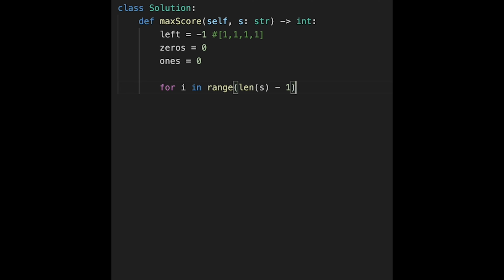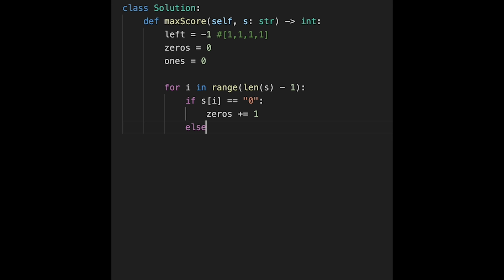Because the last position is definitely on the right side. And then if the current character equals 0, in that case, add plus 1 to zeros, plus equal 1. If not, add plus 1 to ones, plus equal 1. And then left should be the max of the current max versus zeros minus ones, right?